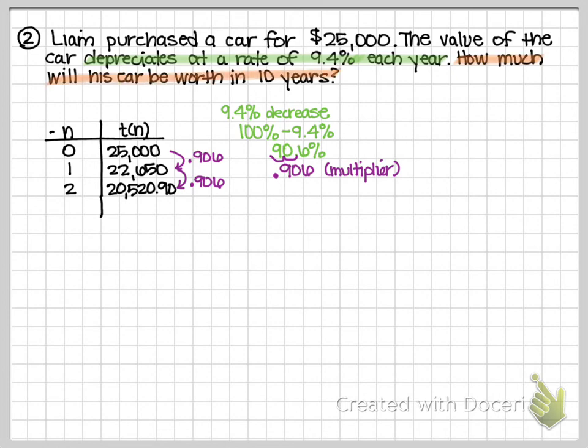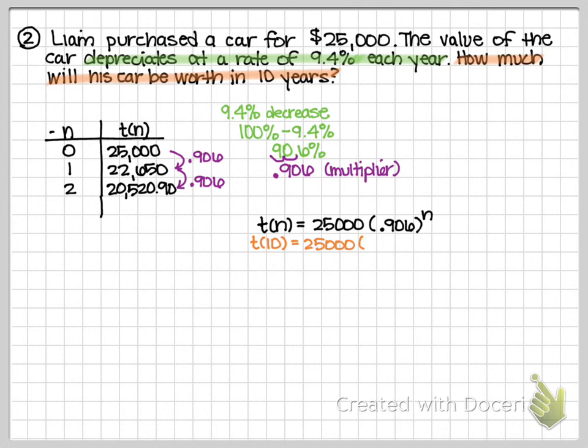All right, so let's write the explicit equation here. So T of N started out, so 0th term is the 25,000. And the multiplier is 0.906 for however many years. Well, in this case, we want to find it for 10 years. So we're going to do T of 10, and I'm going to plug a 10 in for this.